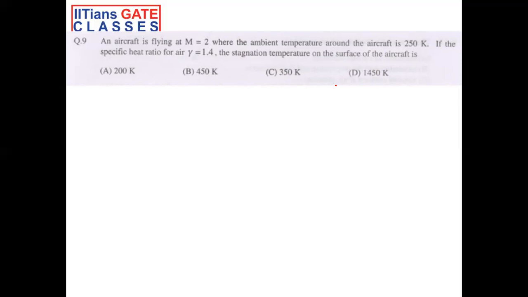Okay. So the relation of the stagnation temperature with the static temperature is given as T naught divided by T infinity equal to 1 plus gamma minus 1 by 2 M infinity square, or M square.